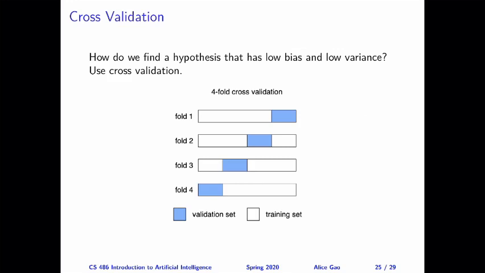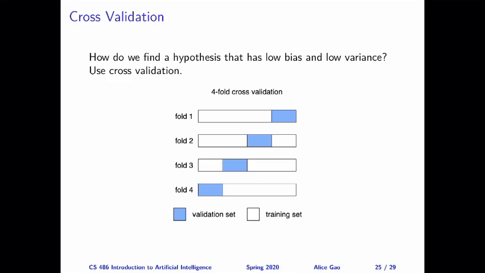The picture on the slide illustrates how we do four-fold cross-validation. I've also explained the general process on the next two slides, but let me talk about the idea using this picture. So to do cross-validation, we first decide on the number of folds. This is usually called K. Here, K is equal to 4. Typically, we will do 5 or 10-fold cross-validation.